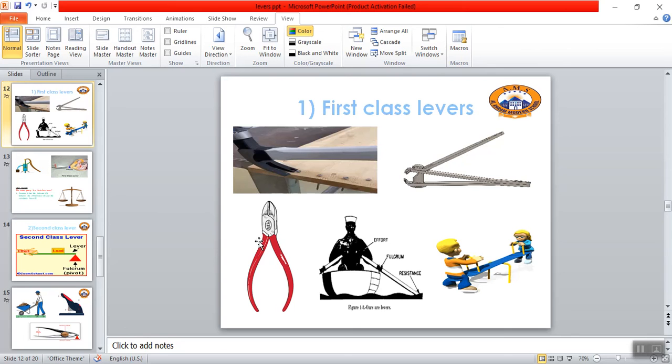Also the pincers and the pliers. The water paddle: here is the effort, pushing the water is the resistance, and here is the fixed part, which is the fulcrum. The seesaw, here is the fulcrum. So the fulcrum is between the resistance and effort.